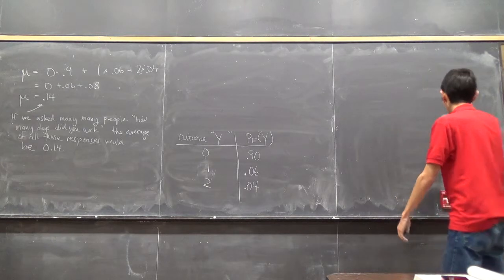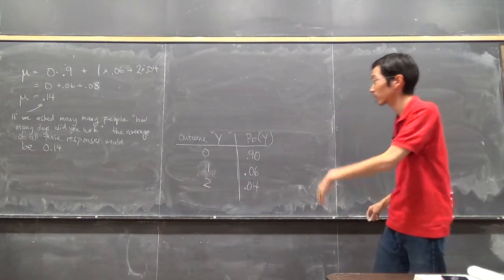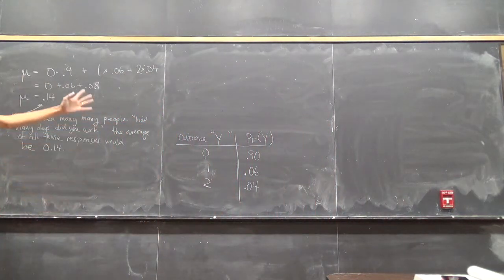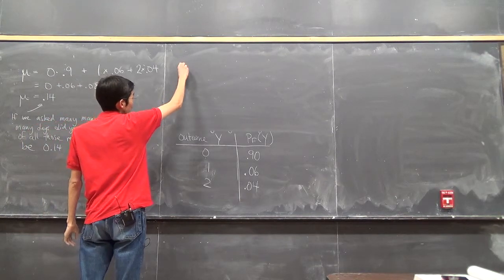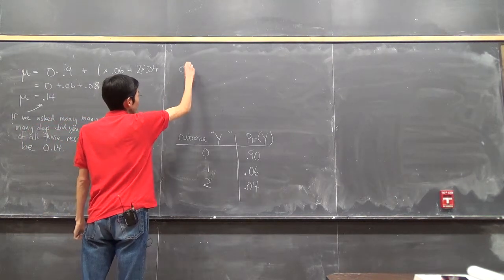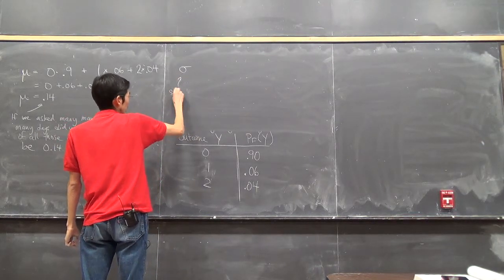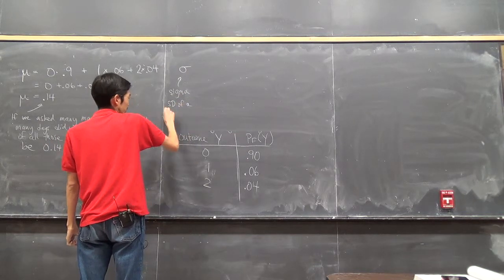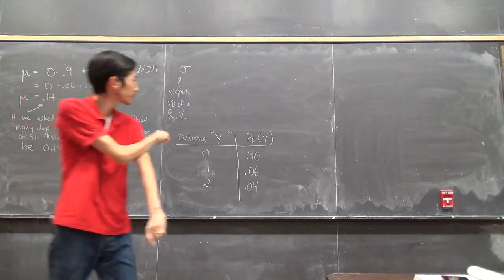We're finding the standard deviation with this formula here, okay? The symbol for standard deviation for a random variable is sigma. This is sigma, the standard deviation of a random variable, RV standing for random variable.